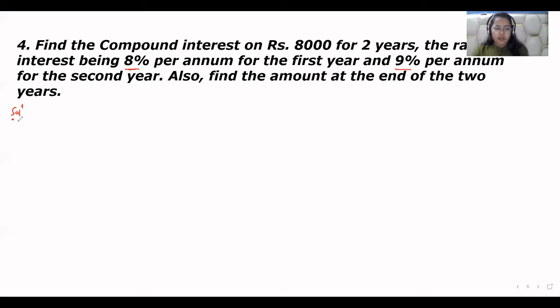So what is given? First, they gave you the principal. First, we calculate and solve it for the first year. For the first year, principal is 8,000, rate is 8%, and time for the first year is 1 year. So our interest is P times R times T over 100.